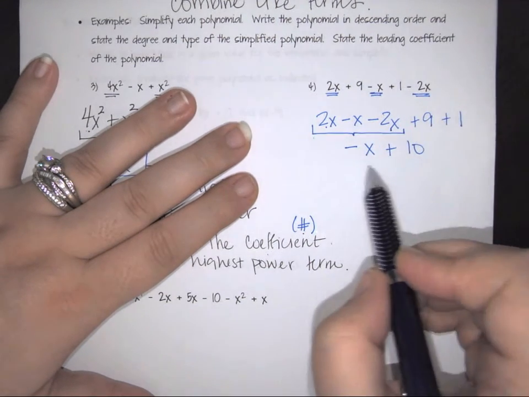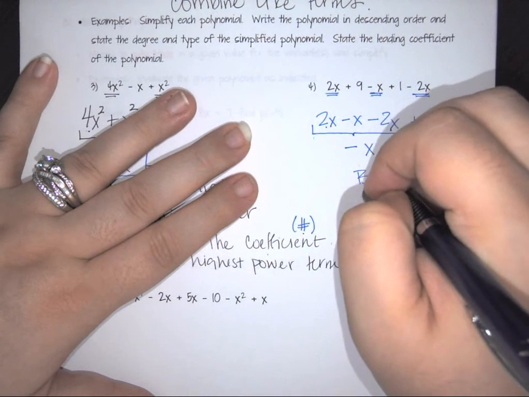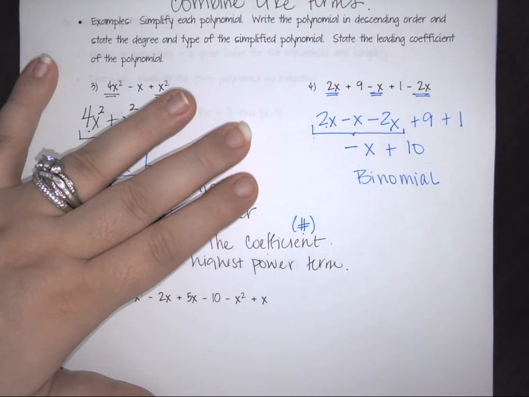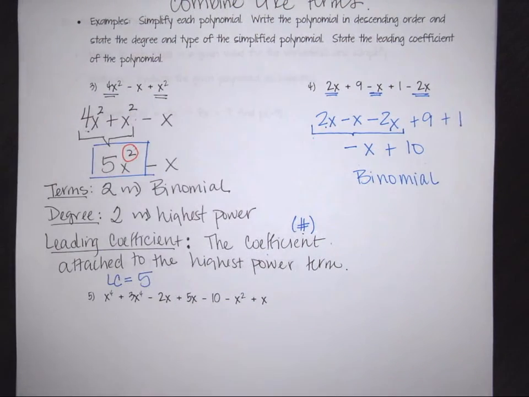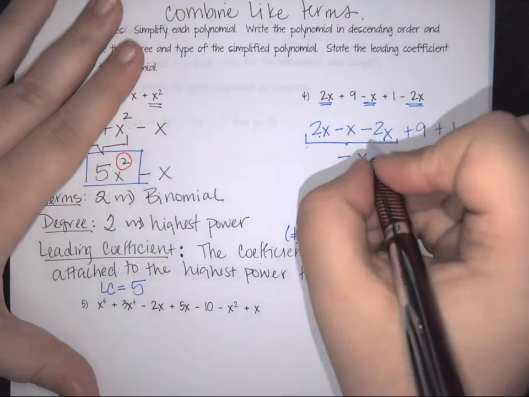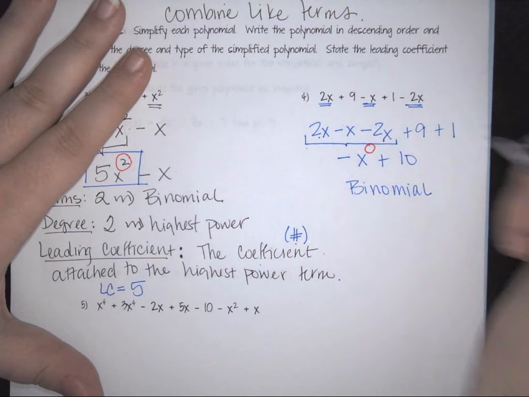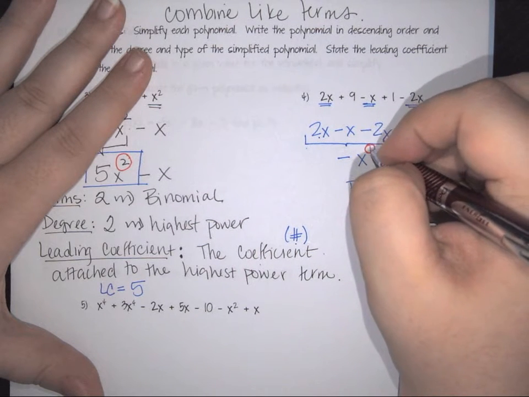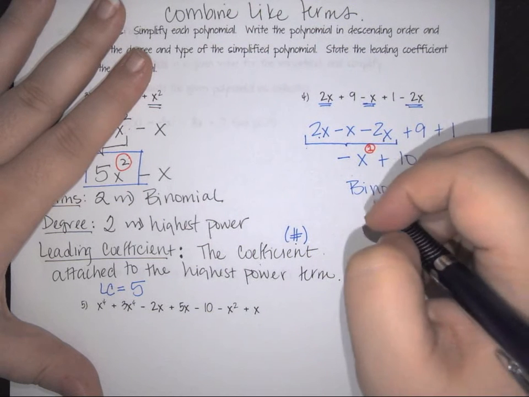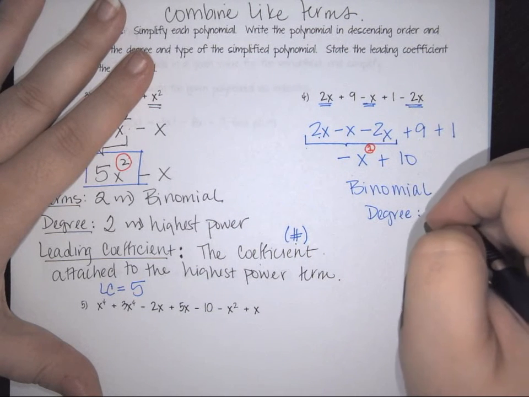Again, if I look at what I have here, I have a binomial because I've got 2 terms. If I want to know my degree is looking at the power of my largest term. Again, if it's not listed, this means that it is actually a 1. So here my degree is going to be a 1.